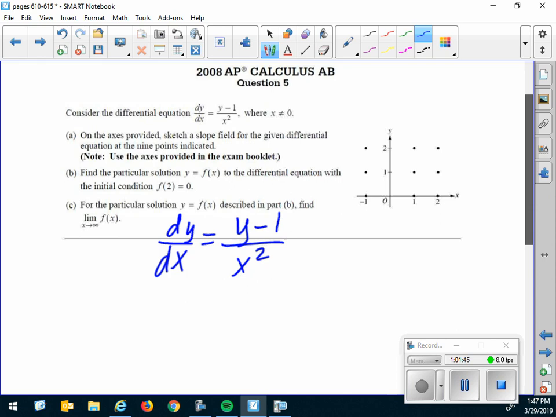So you need to find the slope at 9 points. One zero would be 0 minus 1 over 1, so that's negative 1. Two zero will be 0 minus 1 over 4.